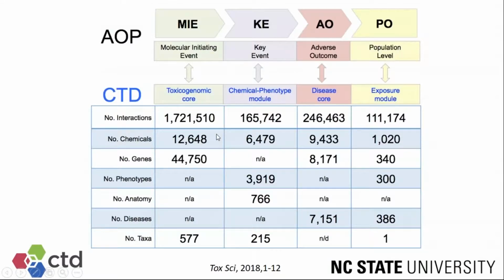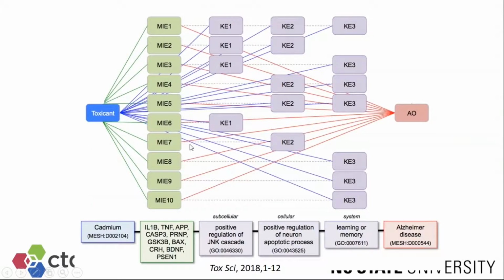So this got us thinking more about adverse outcome pathways and whether this information could be used to sort of compute some of these things, and not necessarily saying this is exactly what's happening, but if you wanted to sort of narrow in on possible pathways that would lead from some exposure to an outcome, maybe our data could help with that. And so this is just showing you some of the stats on the data depth we have.